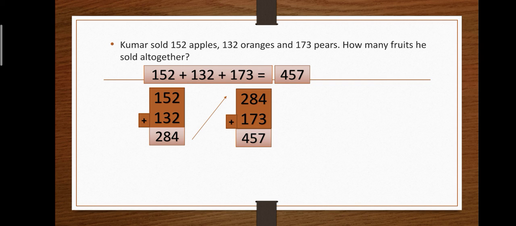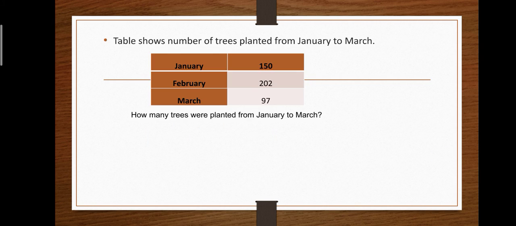Okay, question number 2. This question is based on a table. The table shows the number of trees planted from January to March. January, how many trees were planted? 150. February, how many trees? 202. March, how many trees? 97.